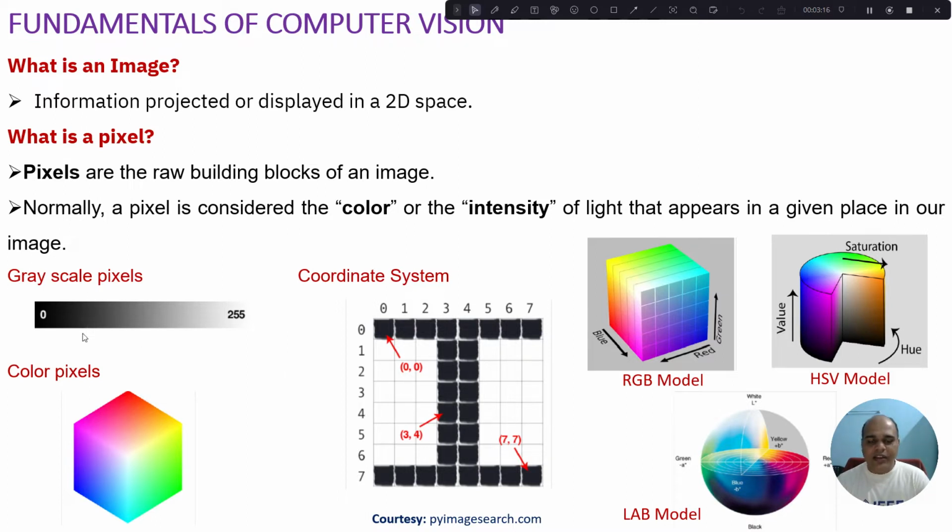For red we take 0 to 255, green 0 to 255, blue 0 to 255. So what does this 0 represent? The 0 represents absence of a color, whereas 255 represents the purest form of the color. Purest form in the sense that the color contains only one single wavelength.